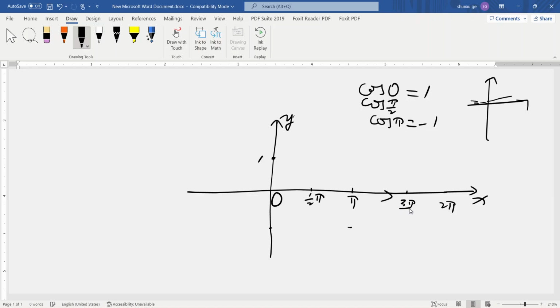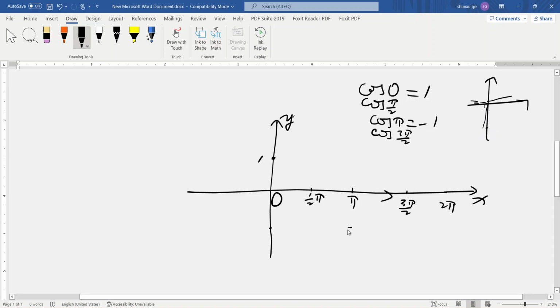Three pi over 2, cosine 3 pi over 2 should be 0, not negative. 0 here.